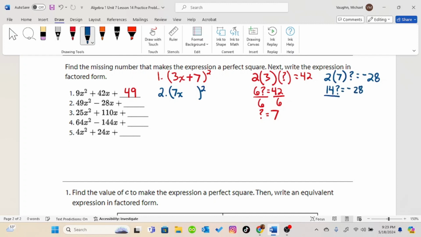And if I divide both sides by 14, then that something I'm missing is negative 2.